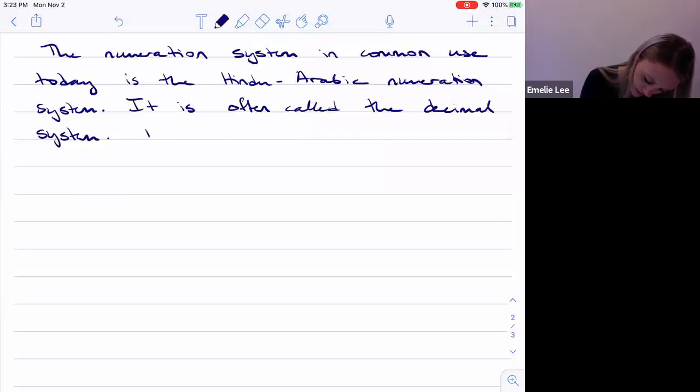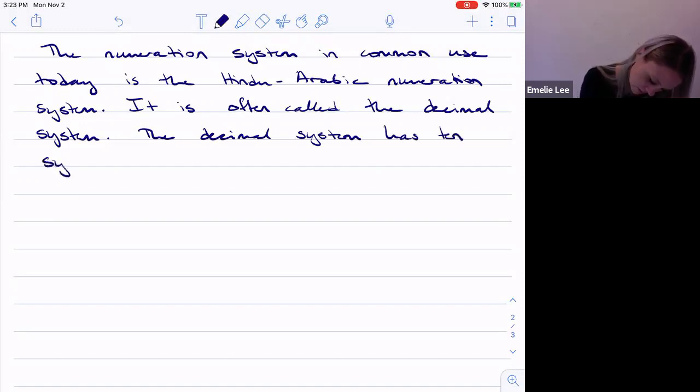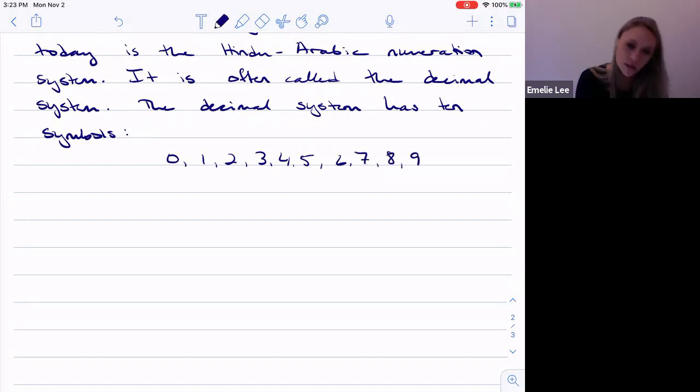The decimal system has 10 symbols: 0, 1, 2, 3, 4, 5, 6, 7, 8, 9. These are all the digits that we need to construct other numbers.